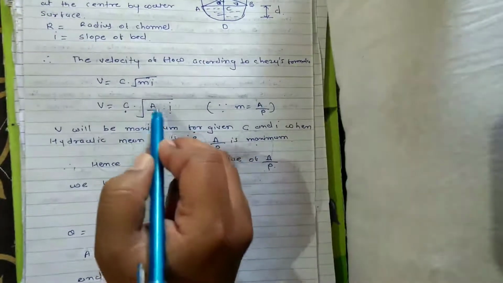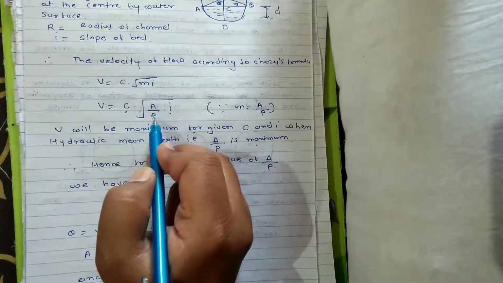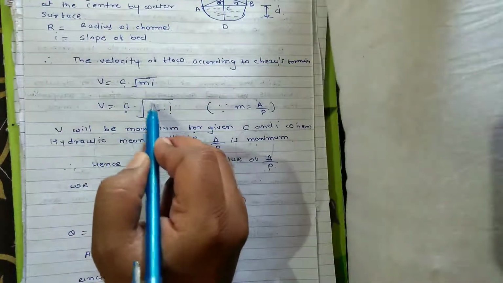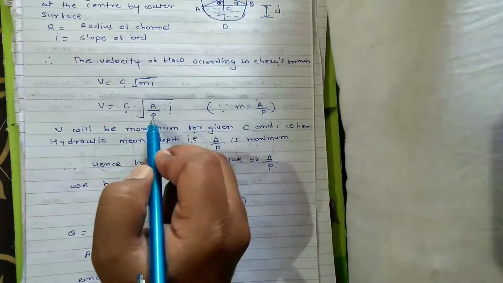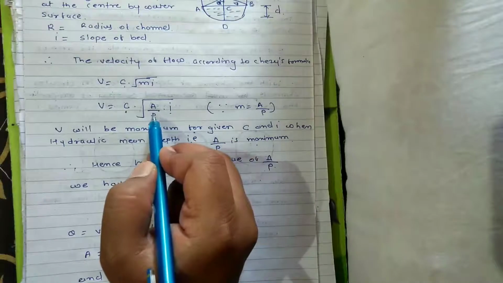What about this ratio A by P, the wetted area and wetted perimeter? In case of a circular channel, as the depth of the flow changes, A and P will also change. So A and P are not going to remain constant.